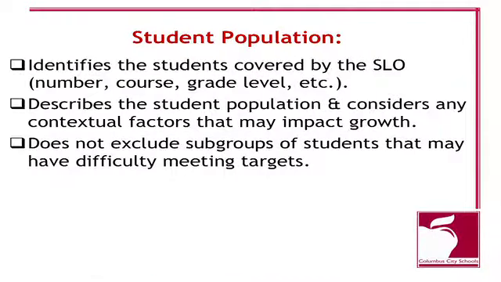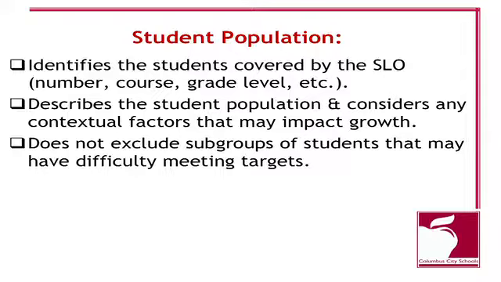The next component of the SLO is student population. This component describes which students will be included in the SLO, and it includes the course, grade level, and the number of students. It's important to note at this point that an SLO does not need to cover every student in a teacher's class.